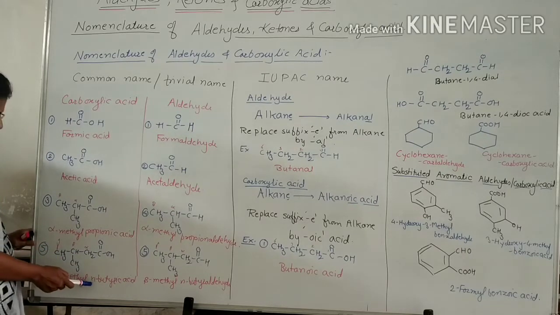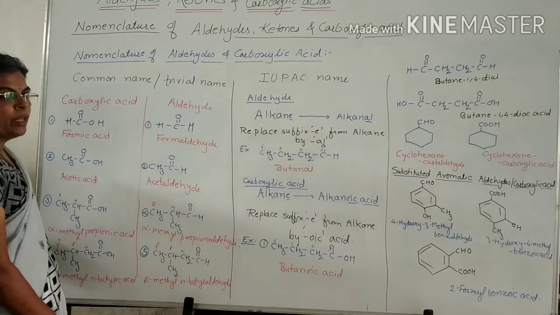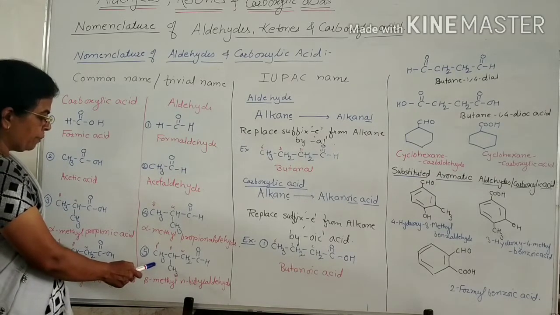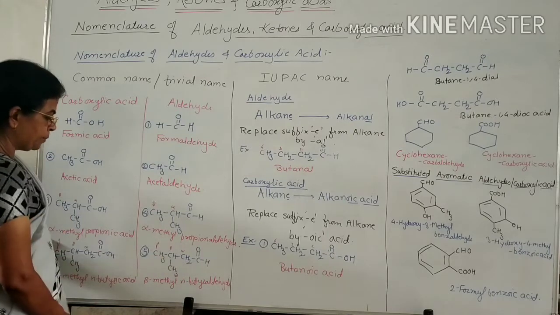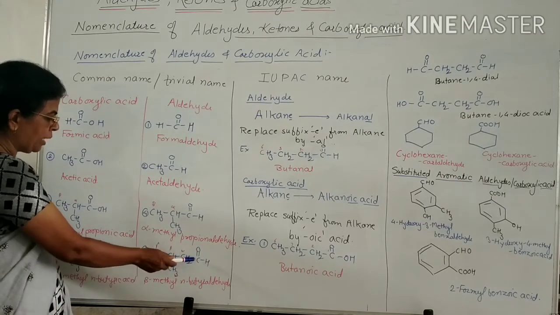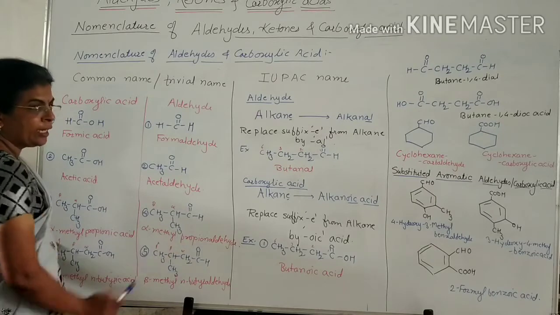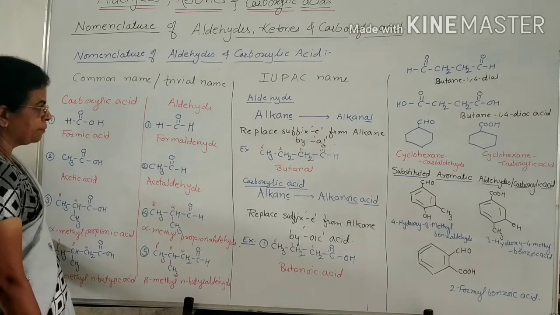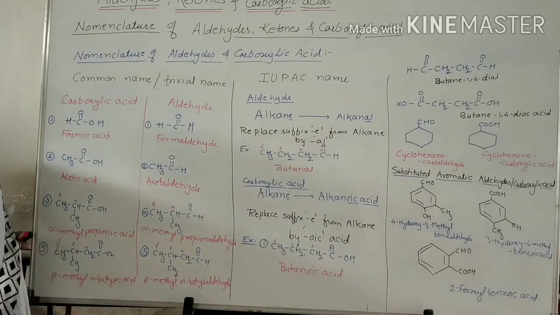All 4 carbon atoms are in a straight chain. Therefore it becomes n-butyric acid. Beta methyl n-butyric acid. Now same compound here, only functional group is changed, that is aldehyde. Now it is also beta methyl n-butyraldehyde. In this way, common names are given to aldehydes and carboxylic acid.